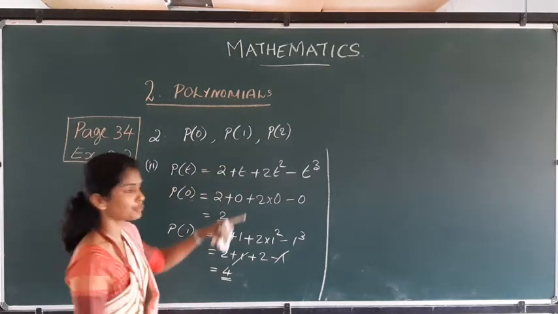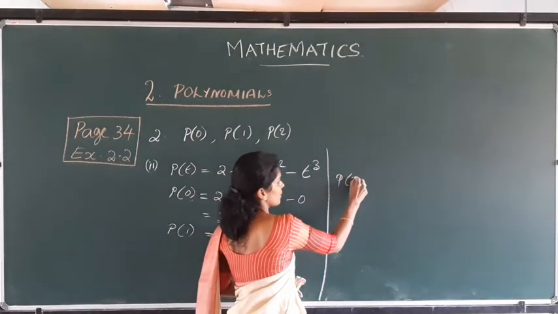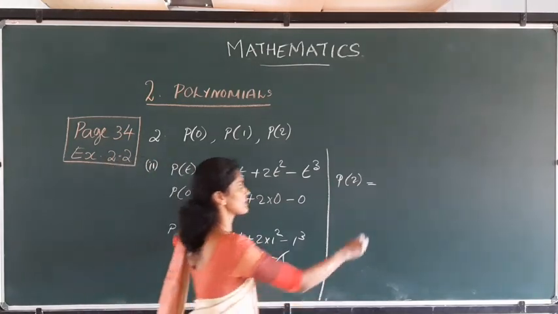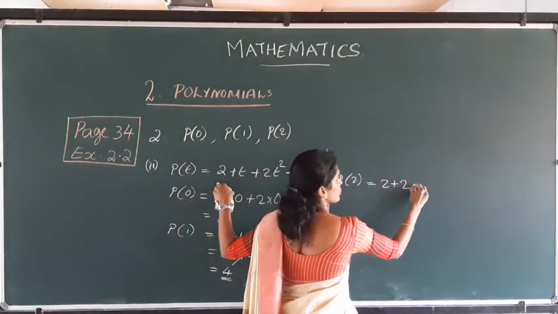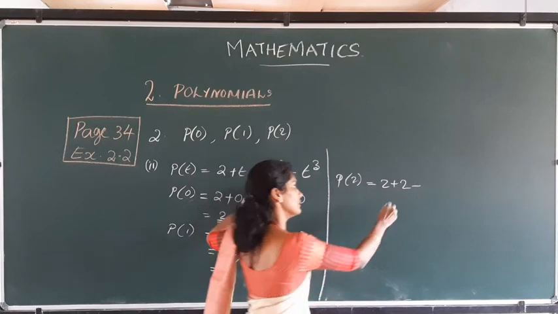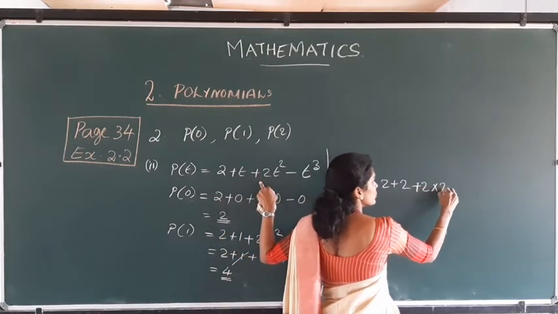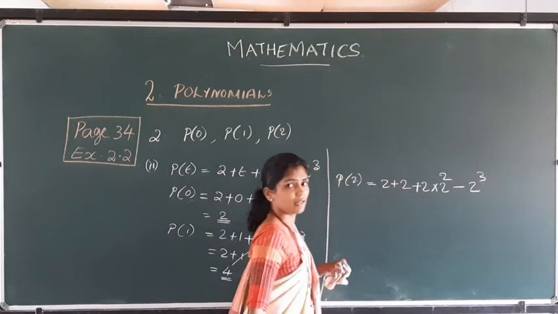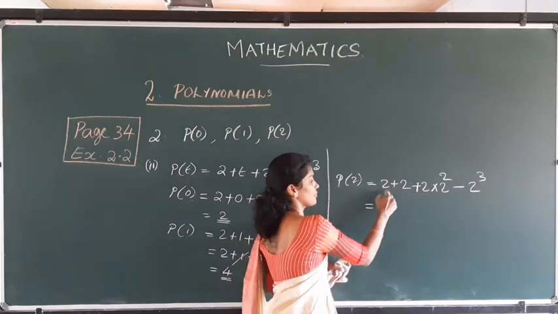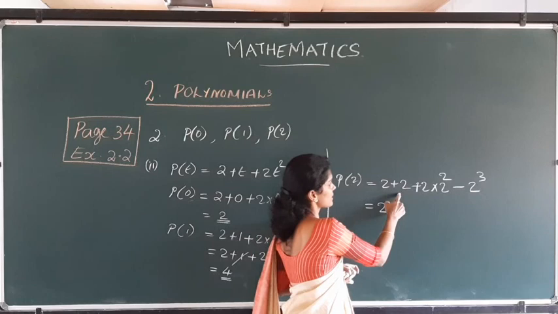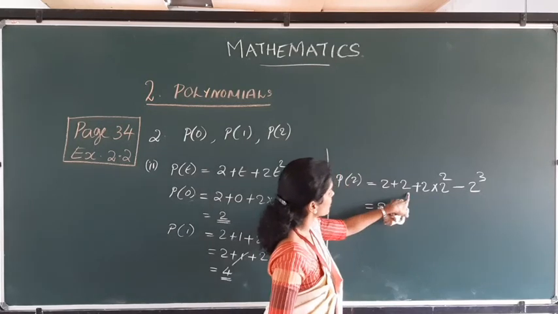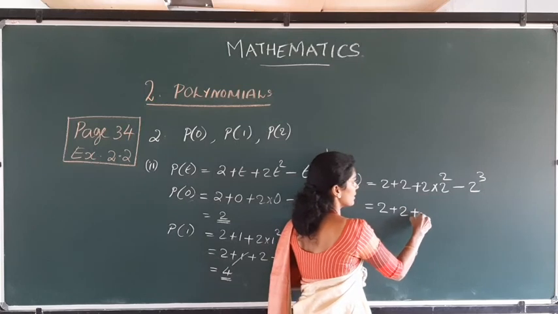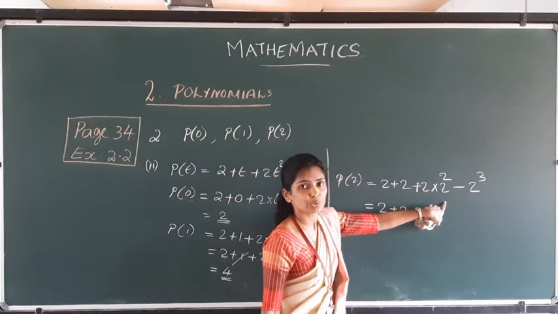Then p of 2. We write 2 plus 2 plus 2 into 2 square minus 2 cube. How to simplify this? First term 2 itself. Second term 2 itself. Third term 2 into 2 square.